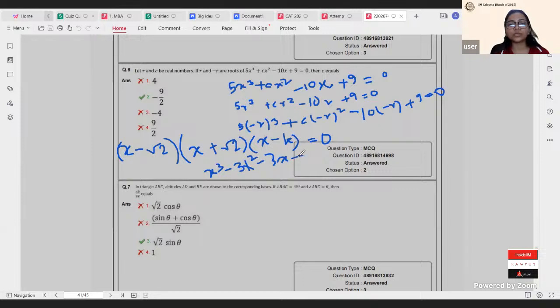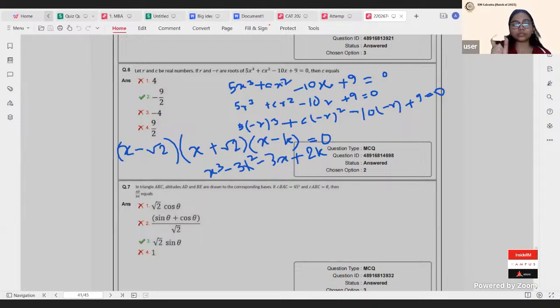So basically 2k comes out to be, 3x square comes out to be equivalent to cx square in this case. So k is roundabout minus c by 5. If we compare both the equations, we can find that c by 5x square is equivalent to minus kx square.